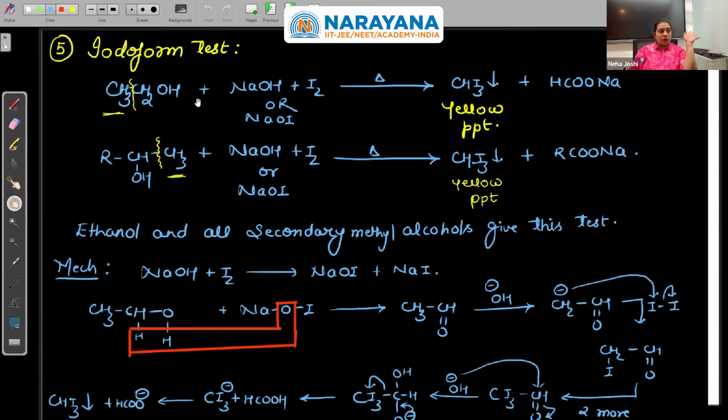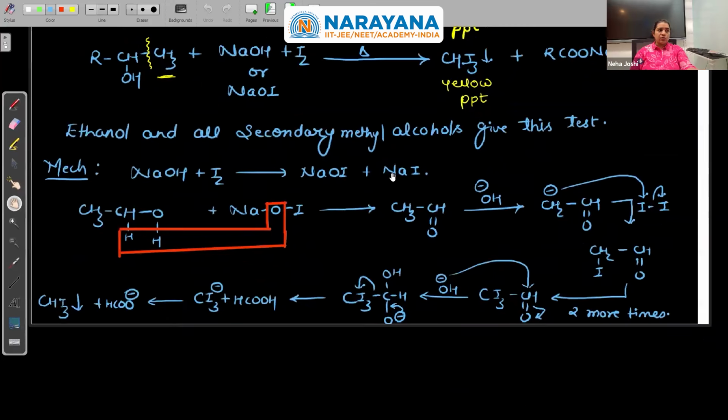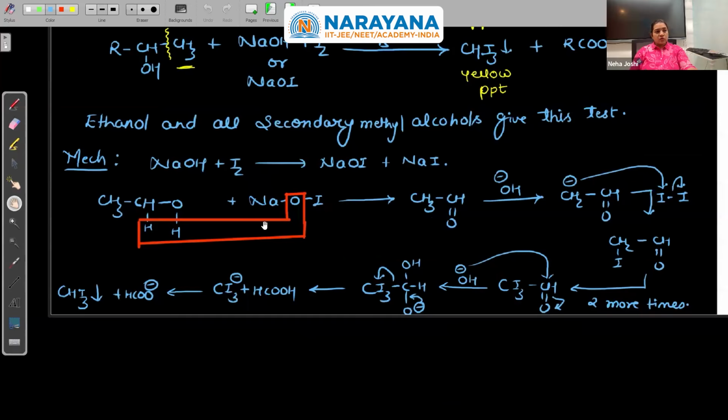Of course, not all alcohols will give this test, but ethanol and secondary methyl alcohols will give this test. NaOH plus I2, or NaI, you can take, and this is how iodoform is formed. I have written the mechanism if you want to use it: NaOH plus I2 is converted to NaOI and oxidizes our alcohol to aldehyde.